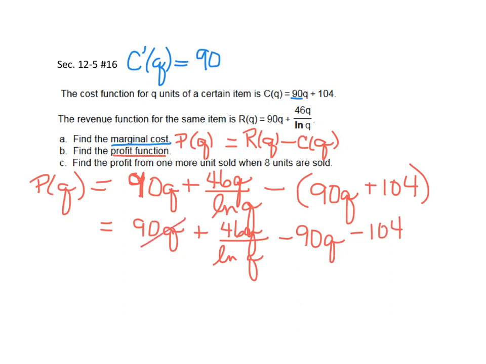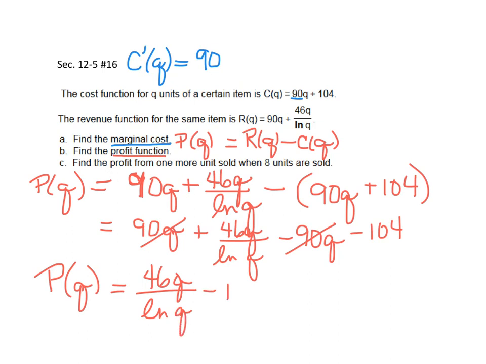And since 90Q and minus 90Q will cancel each other out, our profit function, P of Q, is 46Q divided by ln of Q minus 104.